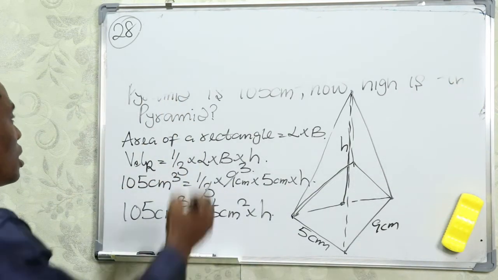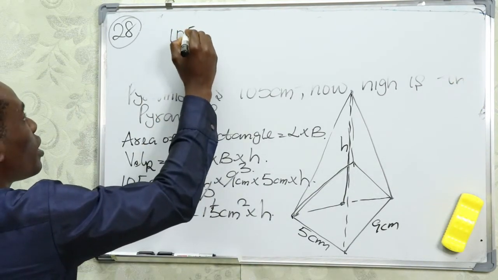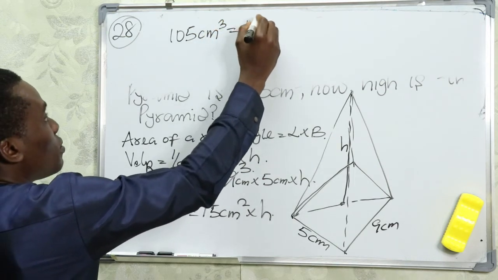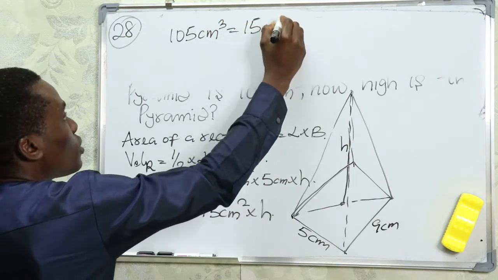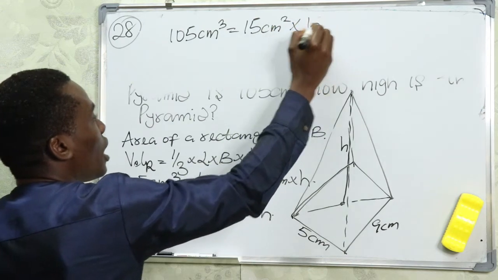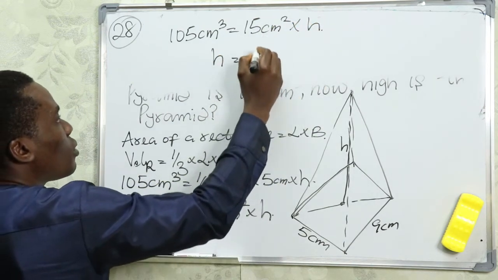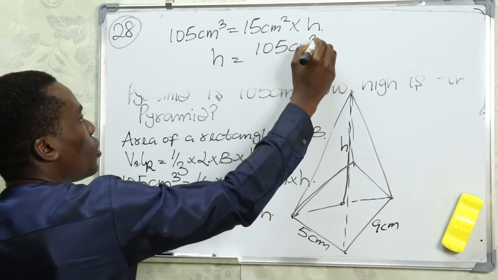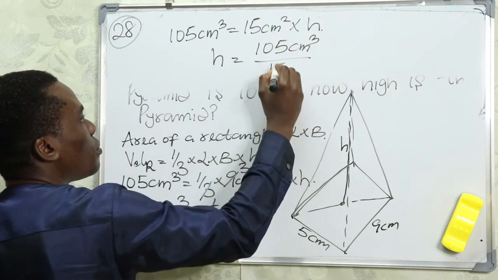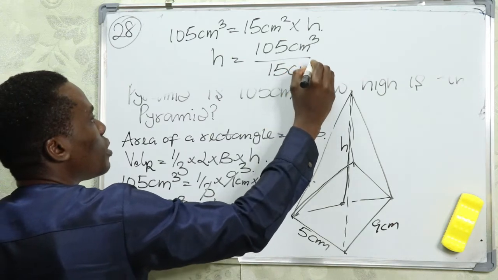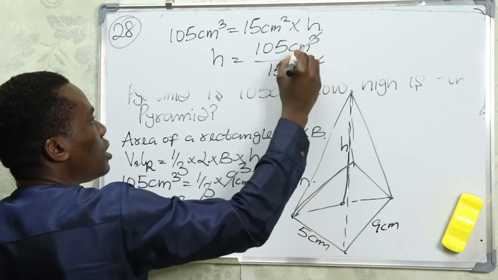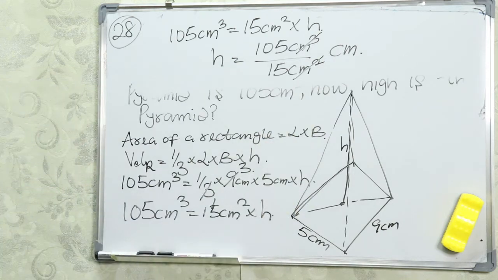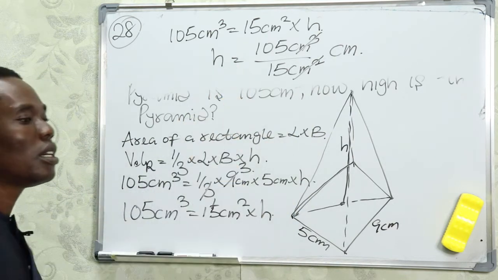Now, having gotten that, we have 105 centimeter cube equal to 15 centimeter square times the height. So the height will be equal to 105 centimeter cube divided by 15 centimeter square. This will cut this, and we'll have centimeter. We want to reduce this to the barest minimum.